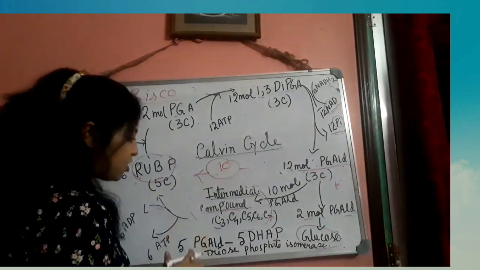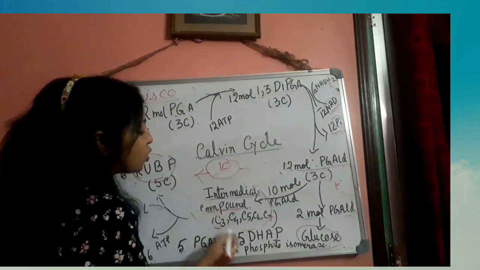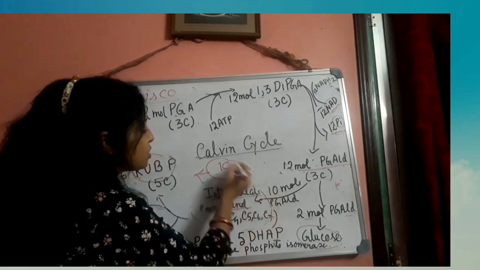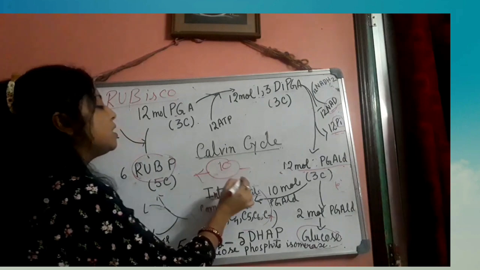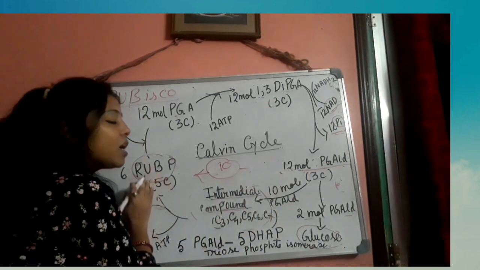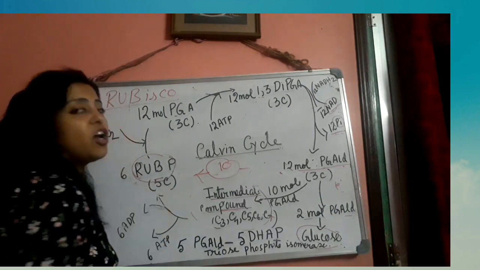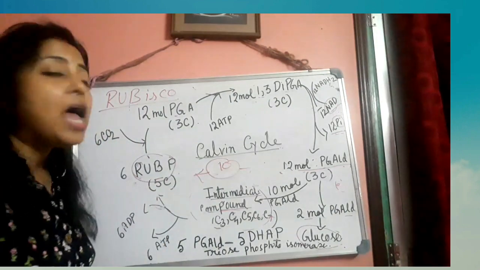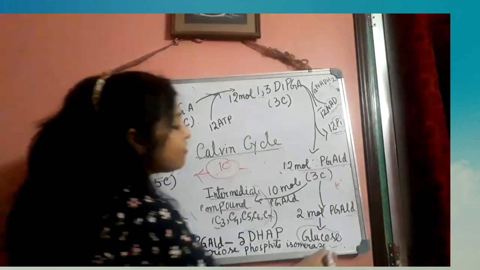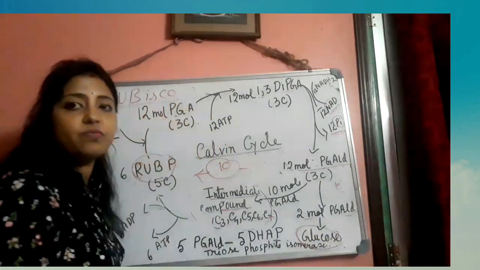Tetrose, erythrose, tetrose, pentose, hexose, pseudoheptulose like that. Through some intermediate compounds, 10 molecules of PGLD will be produced again as RuBP, where the number of carbon will be 5. And 2 molecules of phosphoglyceraldehyde will be forming glucose.